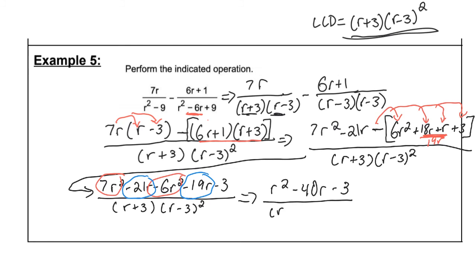Okay, that's all over r plus 3 times r minus 3 squared. Now, there's no factors of 3 that are going to add up to negative 40r. So I'm going to leave this as my solution. We can't factor that numerator at all. So we'll leave this as our solution, and that is number 5.